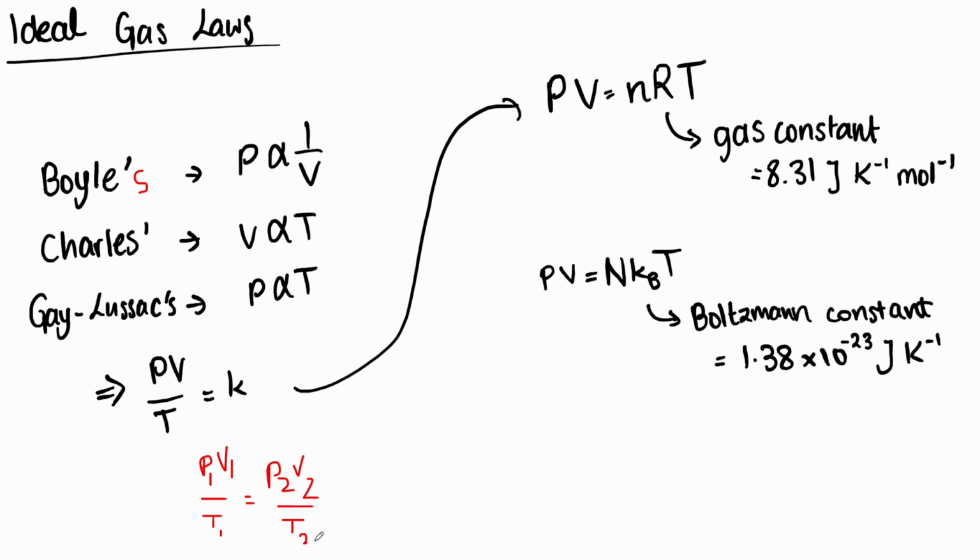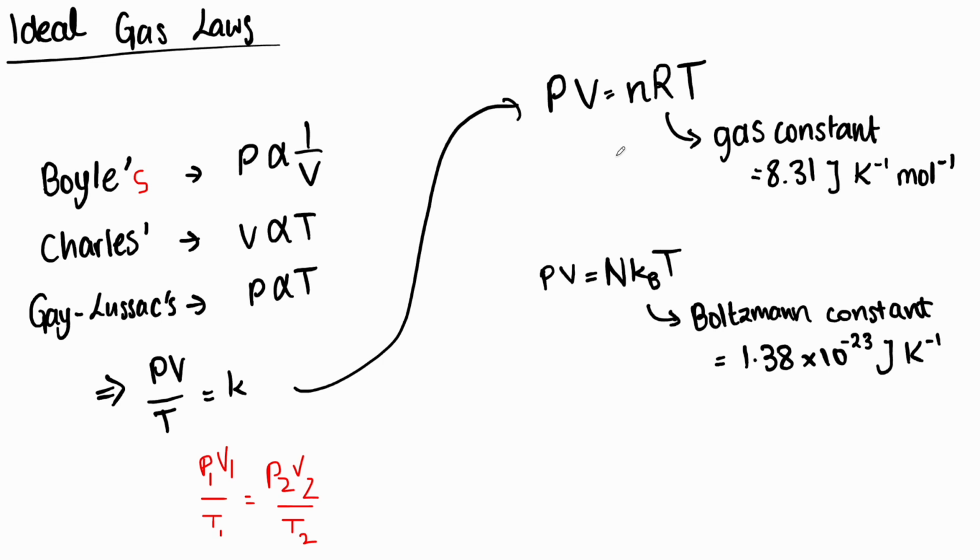It's the same thing. And then in IB, we get given the formula PV equals nRT, R being the gas constant, which is 8.31, or the equation PV equals N k_B T, where k_B is the Boltzmann constant, which is 1.38 times 10 to the minus 23.